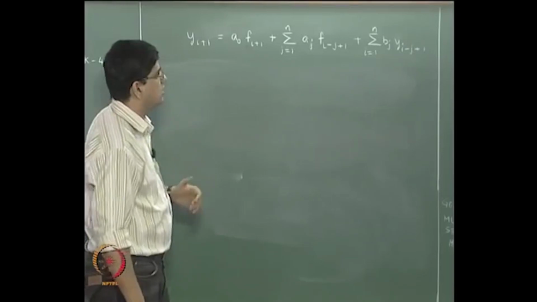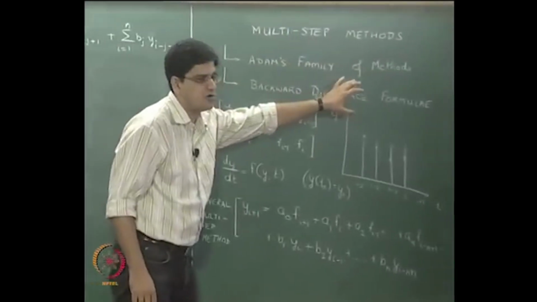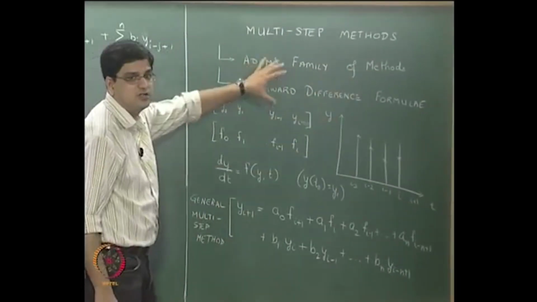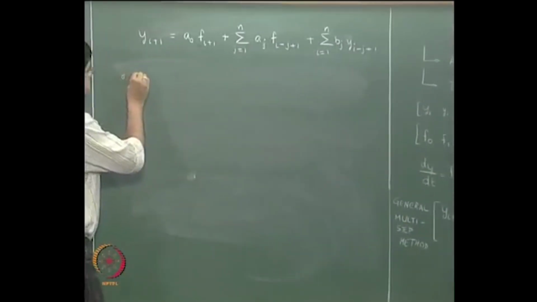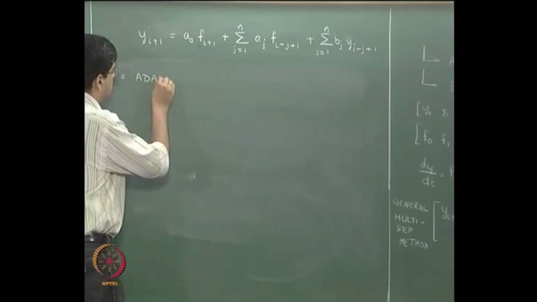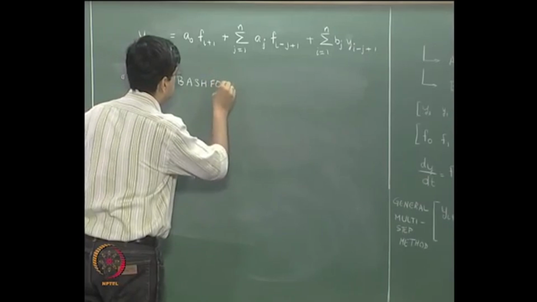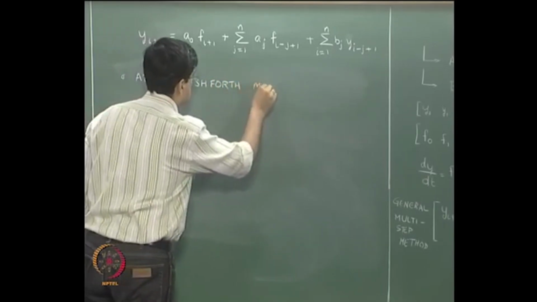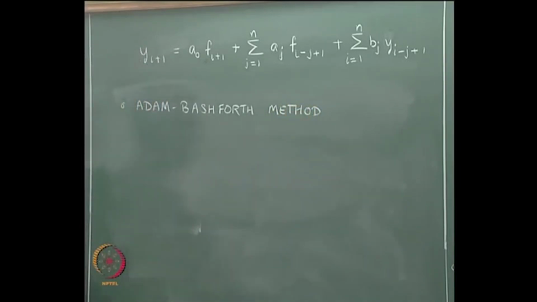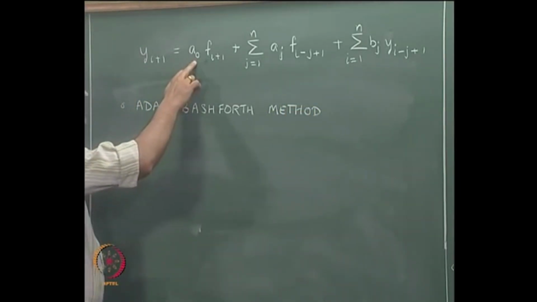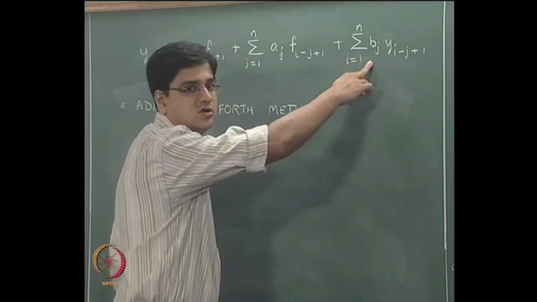Now I will go on and explain how the Adams family of methods and the backward difference formula methods are going to differ from each other, and what that means really. So first we will talk about the Adams-Bashforth method. In the Adams-Bashforth method, what we do is we say that a0 is 0 and all bj's are 0. Okay.